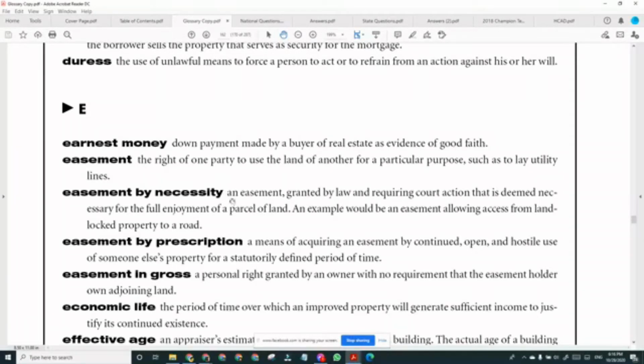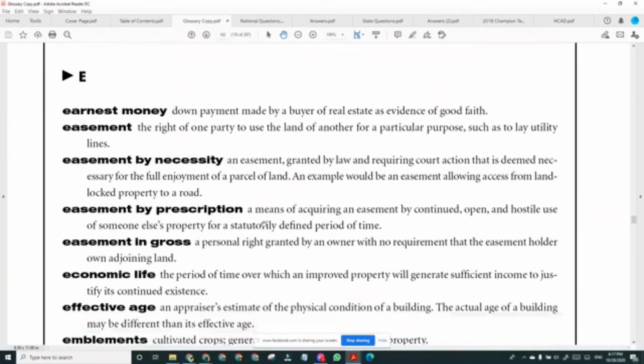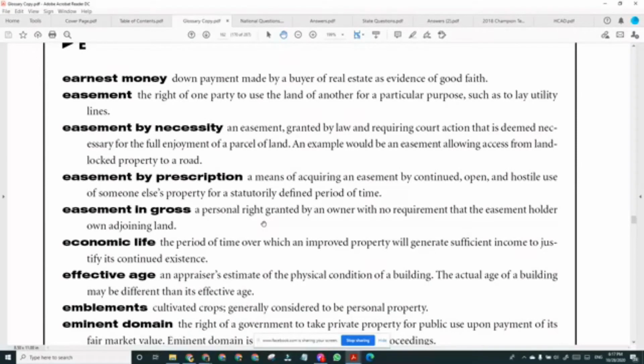There are easements that are recorded for all utility companies, and we own the land, however, we can't build on it. Easement by necessity. An easement granted by law and requiring court action that is deemed necessary for the full enjoyment of a parcel of land. An example would be an easement allowing access from landlocked property to a road. Do you all understand what landlocked is?